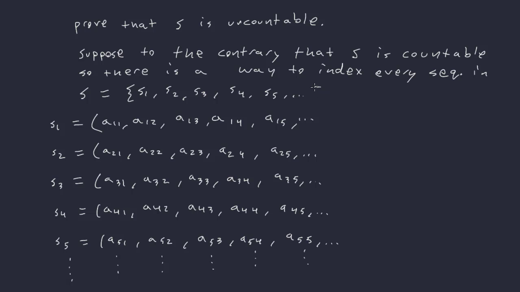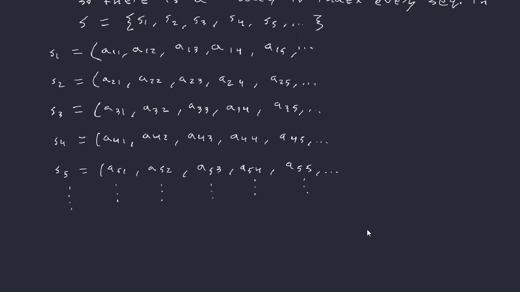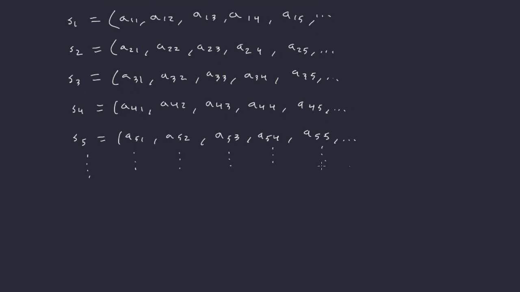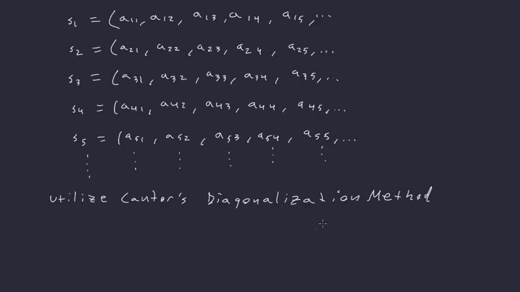Now we're going to approach this using Cantor's diagonalization method. Always a tough one to spell. I forgot to mention that all of these a_ij are either 0 or 1. That's how we've created all of our sequences.